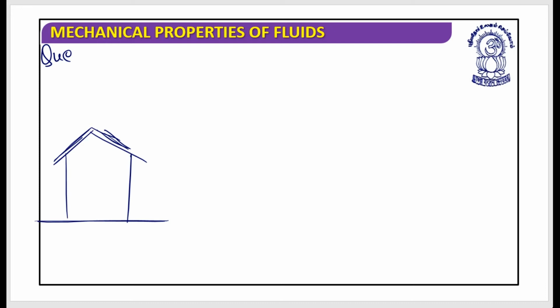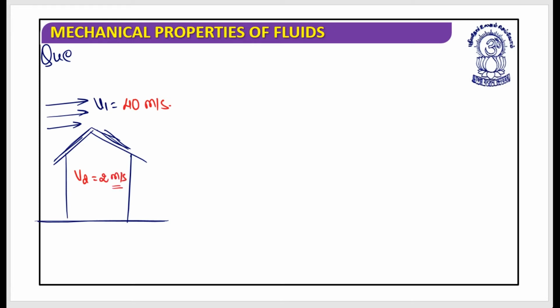Let's suppose a wind has been blown in this direction with a speed of 40 meter per second, and the wind flowing through this side, inside the house, is very nominal, we can say 2 meter per second.